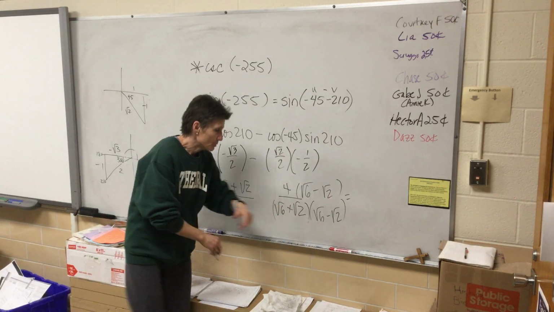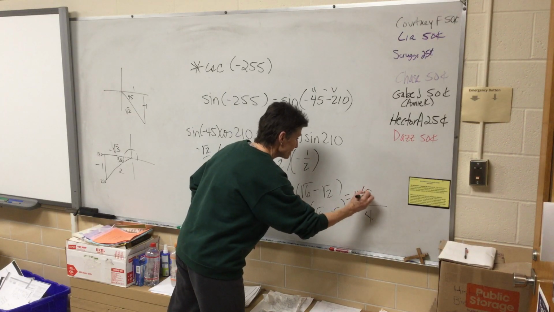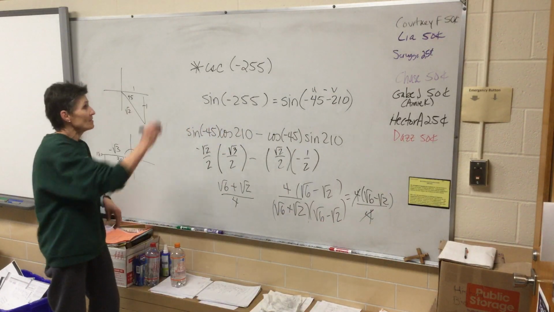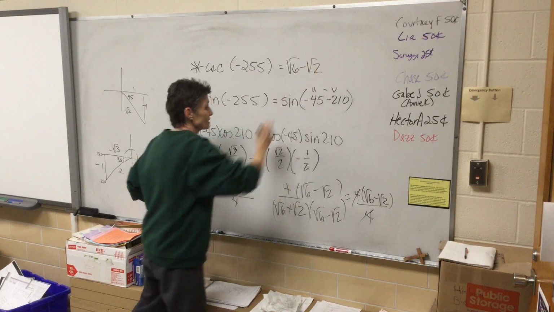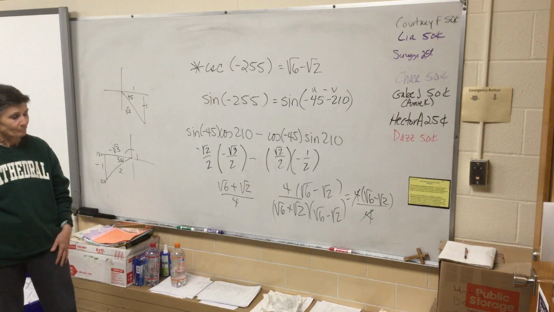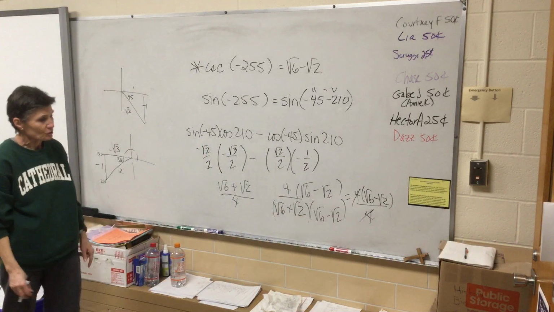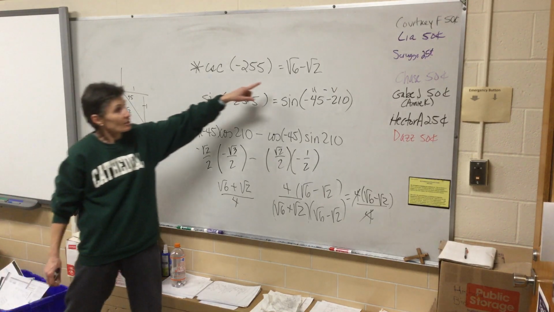Six minus 2. You end up with 4 on the bottom. So what happens is it's going to cancel out the 4 on the top, and the answer to the problem is just root 6 minus root 2. This is just a FOIL, but when you FOIL it out, you just get 6 minus 2, so you get 4. And that is the cosecant.